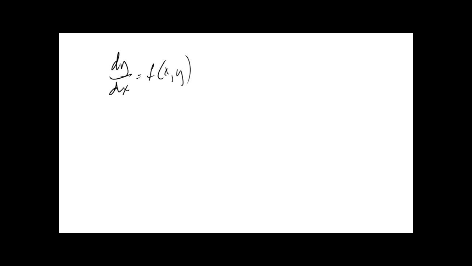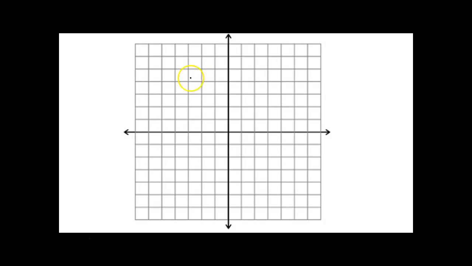So, you don't know the curve, but you do know the slope of the curve. And you do know the slope of the curve follows that curve pretty well. Let's say there's our point here, and we get a slope.